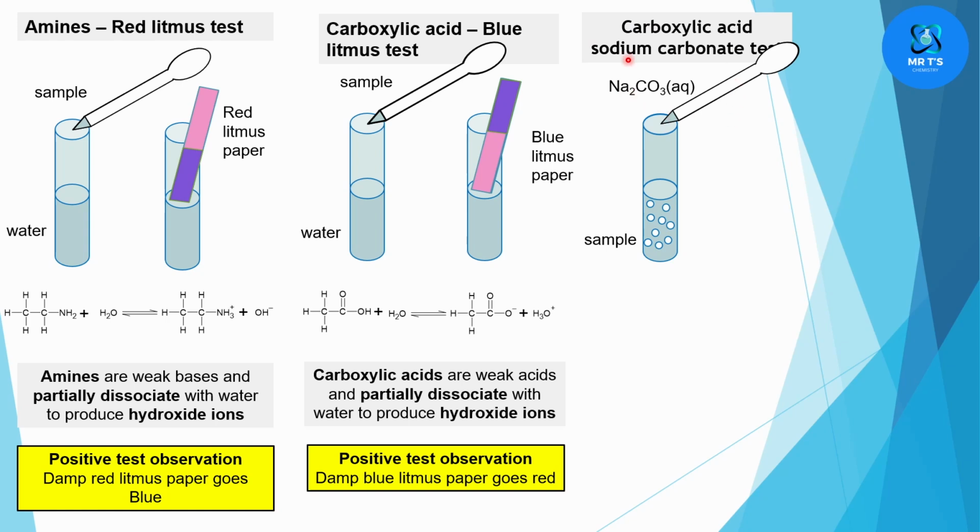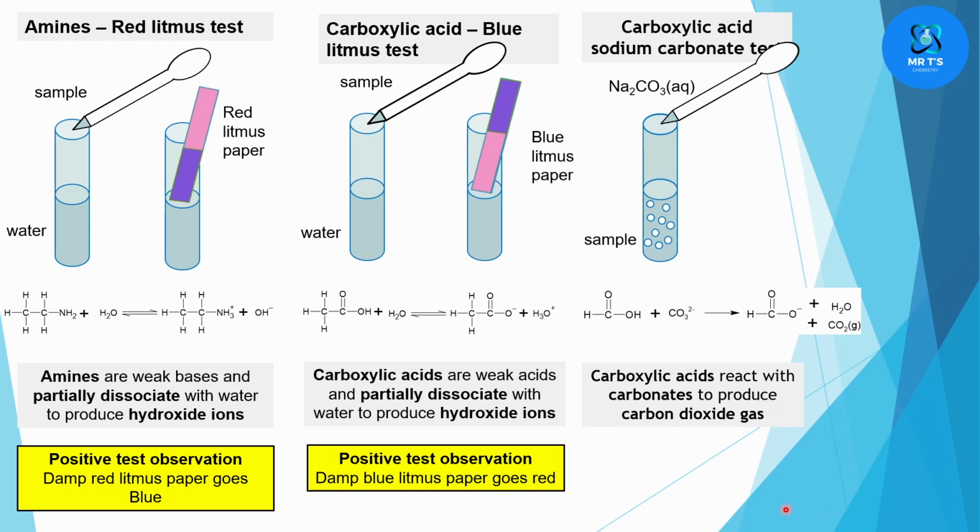The carbonate ions from the sodium carbonate are going to react with the carboxylic acid, and it's going to make carbon dioxide and water. Okay, so that's what it's going to produce, and we will see the carbon dioxide as bubbles. That's our observation. So carbon dioxide gas, positive observation for this is the solution fizzes or gets bubbles.